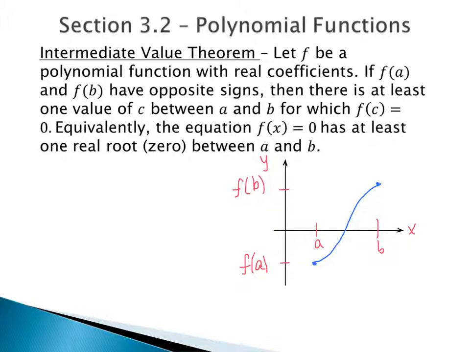What has to happen, since there are different signs, is that our c would have to be where the graph crosses our x-axis, which means that there is some value c that is a real root or a real 0 between a and b. The fact that it crosses the x-axis means that there is a real root or a real 0.